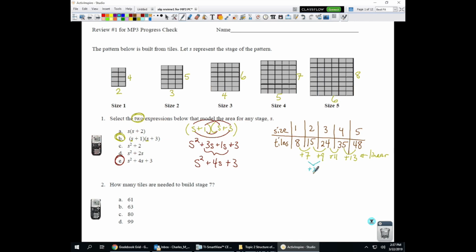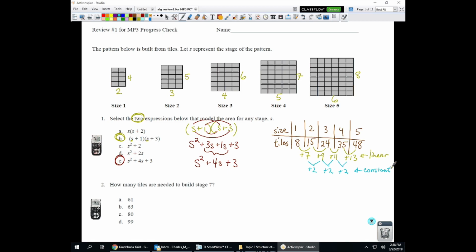From 7 to 9 goes up 2. From 9 to 11 is up another 2, another 2. So my second difference is constant. So either one of those should be enough to tell me what I'm looking at. But one way or another, I discover, oh, this is a quadratic pattern.